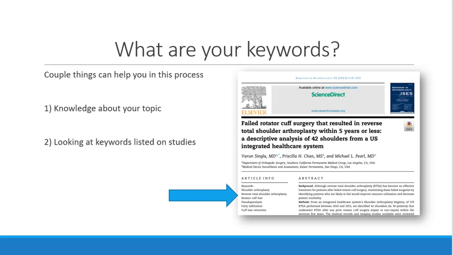And if you have a few key pieces of research, those research papers will have keywords on them. Those keywords are typically words that are different from those found in the title. Now, in this particular article, they have both shoulder arthroplasty and rotator cuff within the title and in the keywords.